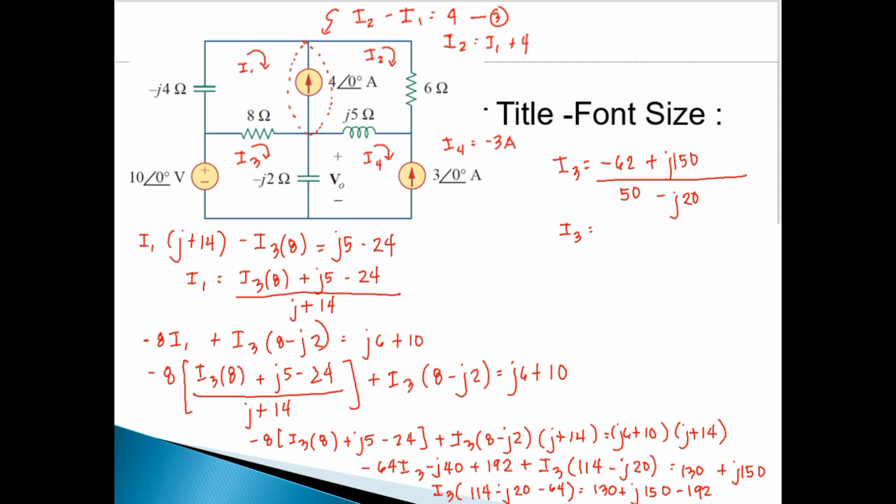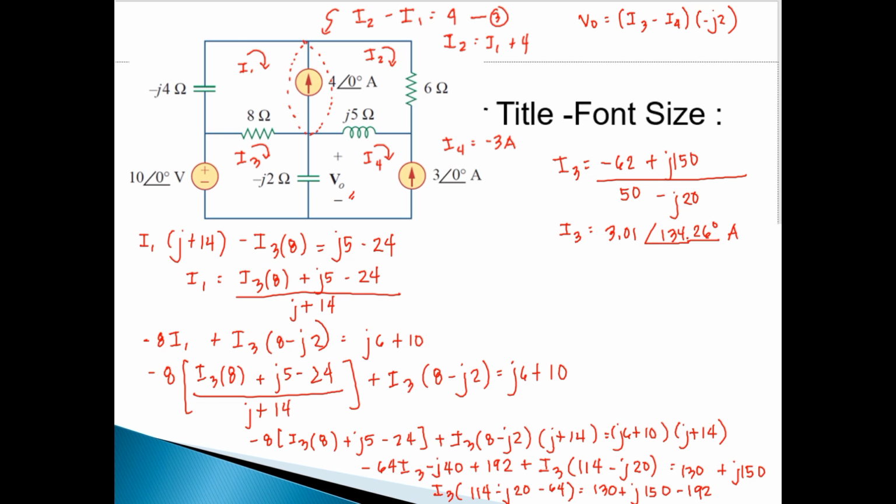So I3 is equal to 3.01 angle of 134.26 degrees ampere. So VO is equal to I3 minus I4 times negative j2.